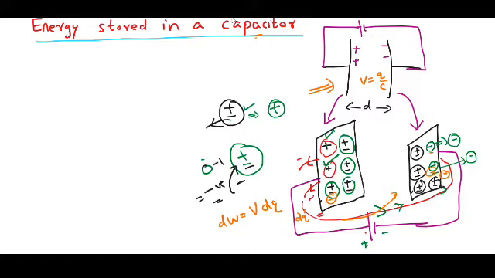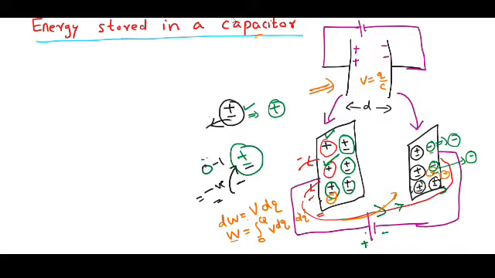In this way, the battery will do a total amount of work given by W. For what does the battery do this work? To charge the capacitor plates from 0 to capital Q. Therefore, W can be written as the integration from 0 to Q of V dq.